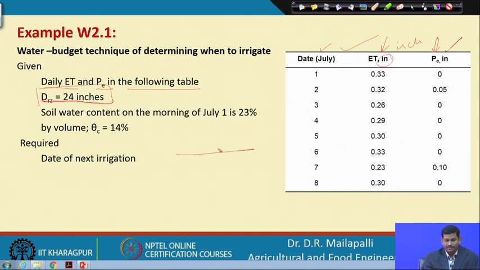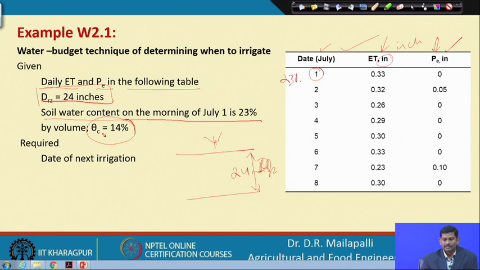You have a root zone of 24 inch. Suppose this is the DRZ, that is 24 inch, and the soil water content on the morning of July 1st is 23%. In the morning a 23% soil moisture was measured, on volume basis, but theta c is 14%.